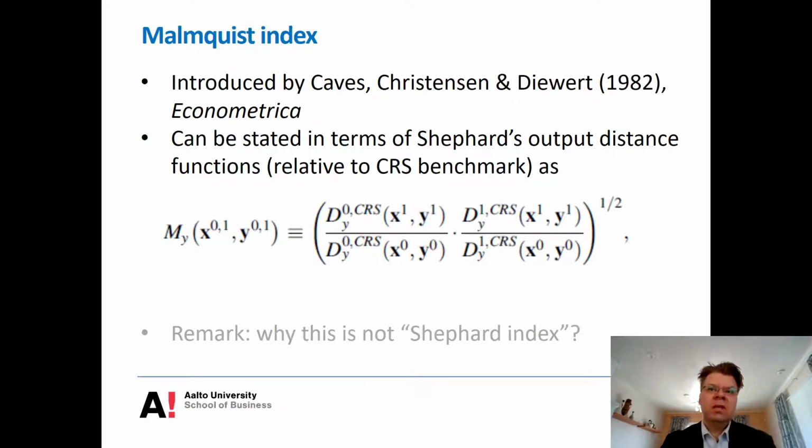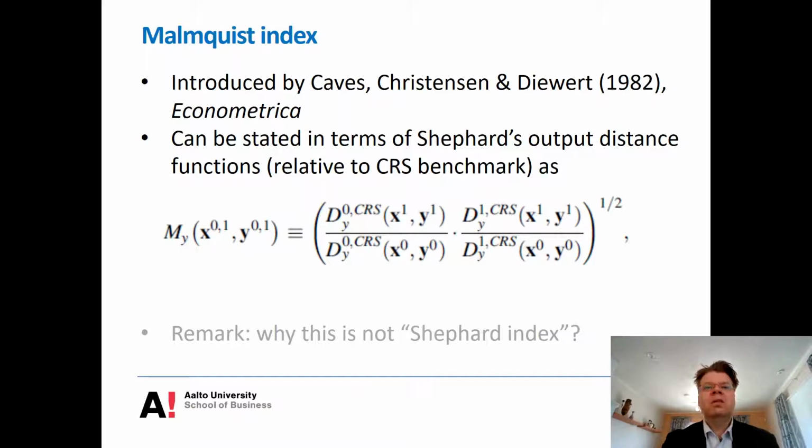So we use the Shephard distance functions, and Shephard's work was also, I believe, in the same year as Malmquist. So in my mind, at least, the term Shephard index would be more appropriate for this kind of development. For some reason, Caves, Christensen, and Diewert adopted the name Malmquist index, and this has stayed ever since.